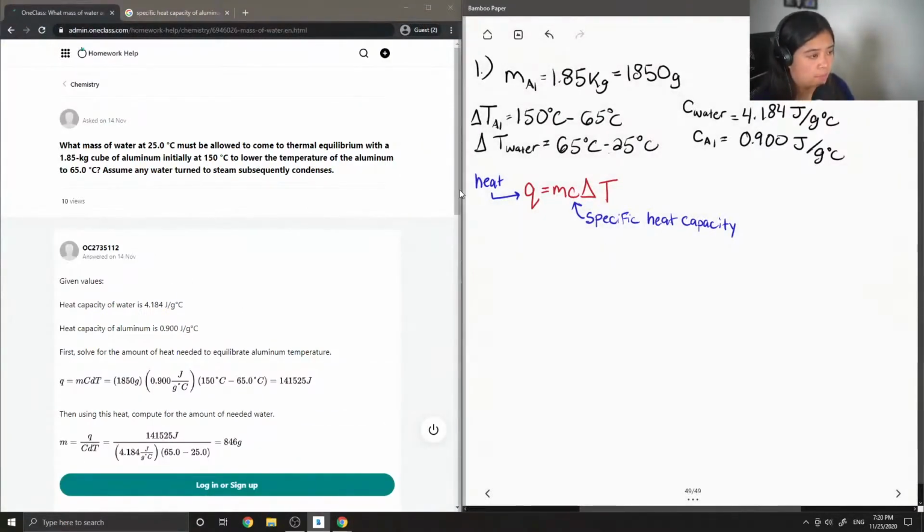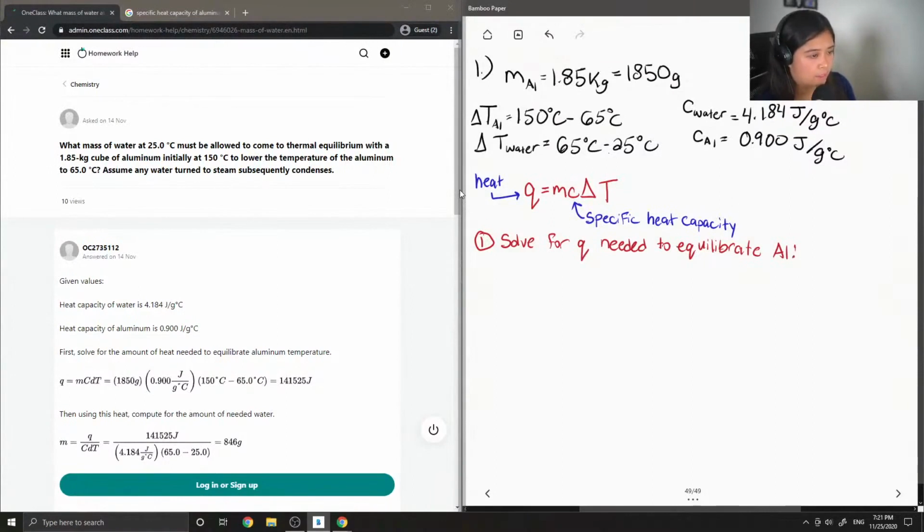So step 1 is to first solve for Q needed to equilibrate the aluminum.